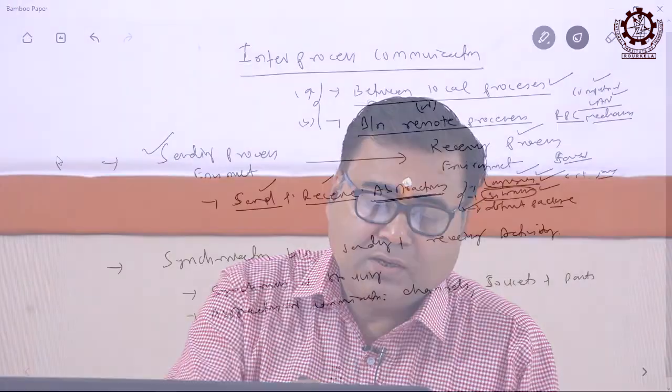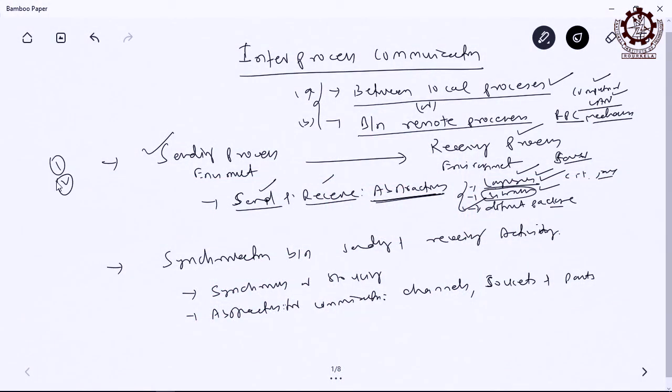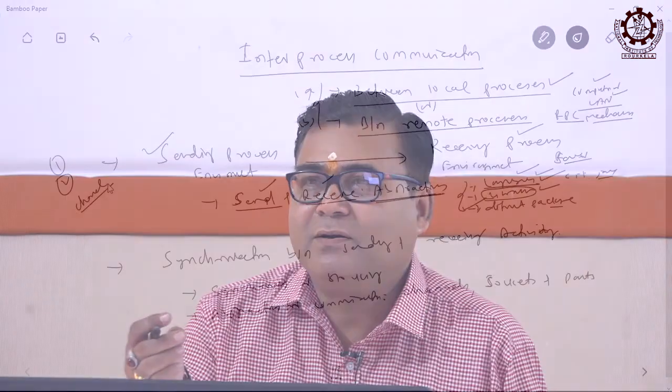Second is that we need a communication medium, which in the abstraction form we can say is a channel. A channel need not be physical. Whatever we have studied in computer networks or data communication, channels refer to a communication medium, that is hardware. A wire is a communication medium, wireless is a communication medium. But here we are talking about the abstraction.